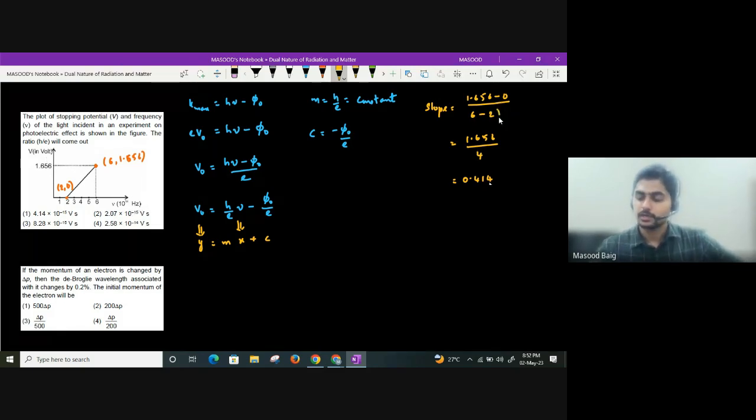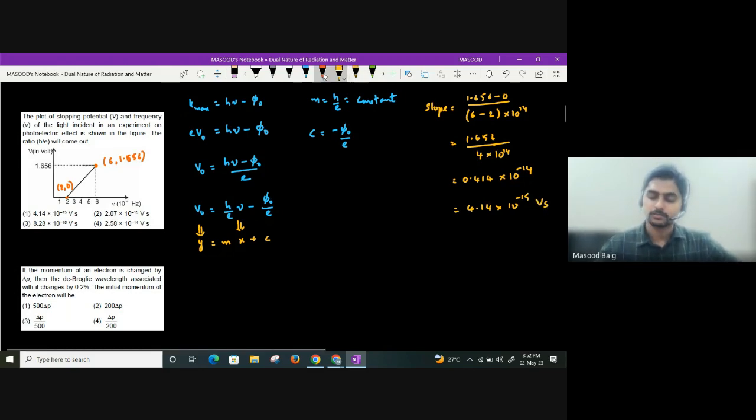So in the denominator, you will write into 10 power 14. This will become 4.14 into 10 power minus 15 volt per hertz, or volt second you can consider.